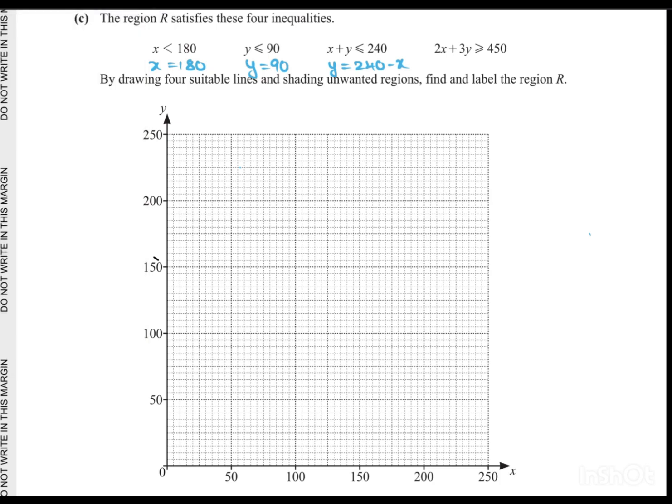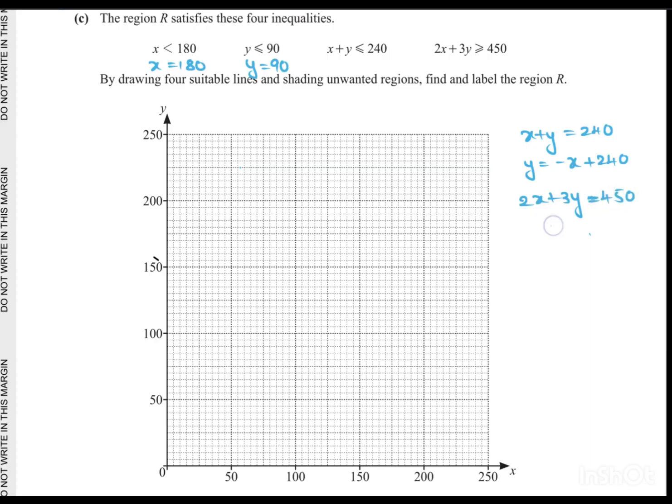Let me explain it properly. x plus y is equal to 240. Keeping y on the left hand side, bring x onto the right hand side, it will be minus x plus 240. So this is y is equal to mx plus c form. Then the other equation, 2x plus 3y equal to 450.